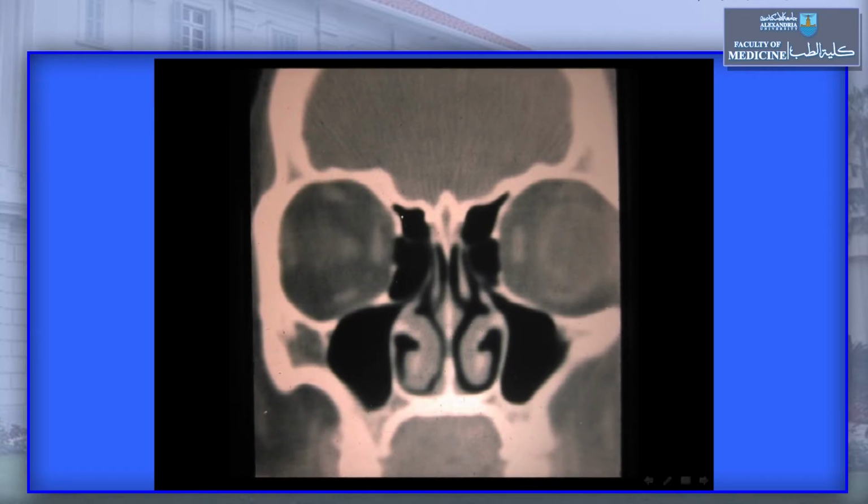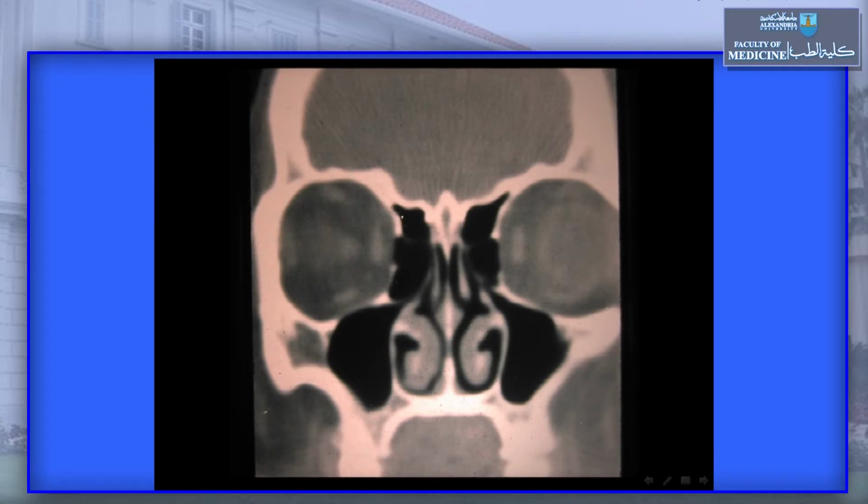Just a quick hint about the anatomy of the sinuses. On this coronal CT scan taken at about the mid-orbital level, the paranasal sinuses are air-filled spaces surrounding the nasal cavity and communicating with the nasal cavity.